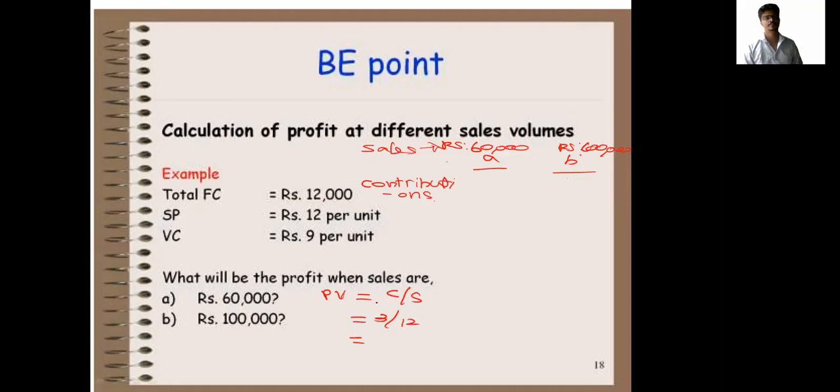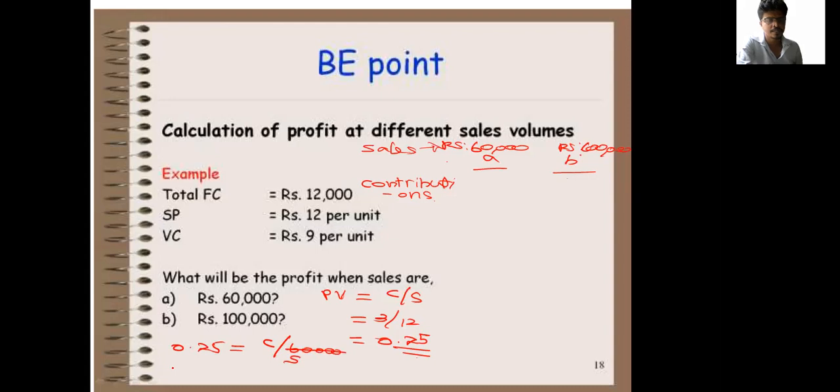3 divided by 12, what is it? 0.25. Then if we know the PV ratio, that means 0.25 equals C divided by 60,000, or otherwise C divided by sales.